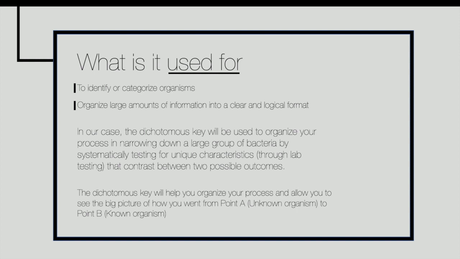So a dichotomous key is great for organizing your step-by-step process that allowed you to go from point A, which is when you received your unknown organism, to your final destination at point B, where after a series of testing you are then able to identify your organism. And when you make your dichotomous key, you'll be able to see your entire process from a big picture perspective.